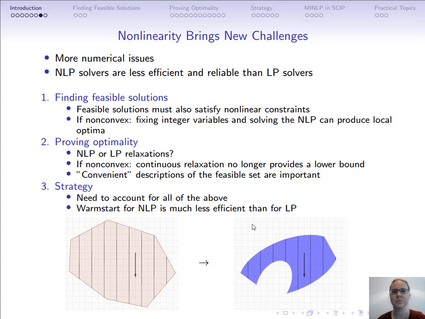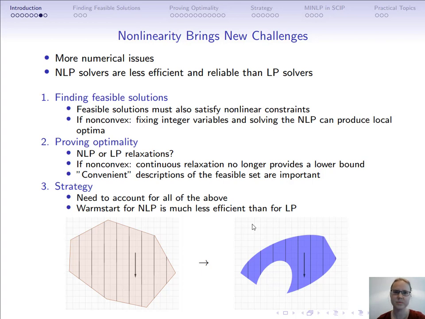Warm starting is important in mixed integer programming because when you are solving MIPs, you usually have to solve a lot of relaxations or a lot of subproblems, but in any case, these are going to be, in the linear case, LPs, but here they might also be NLPs.